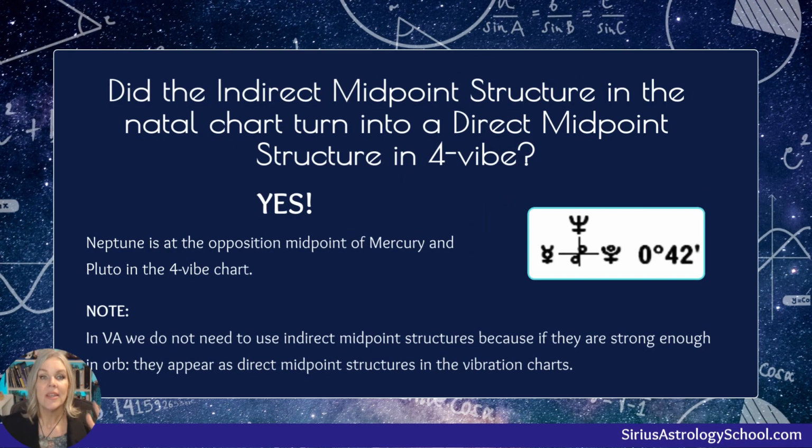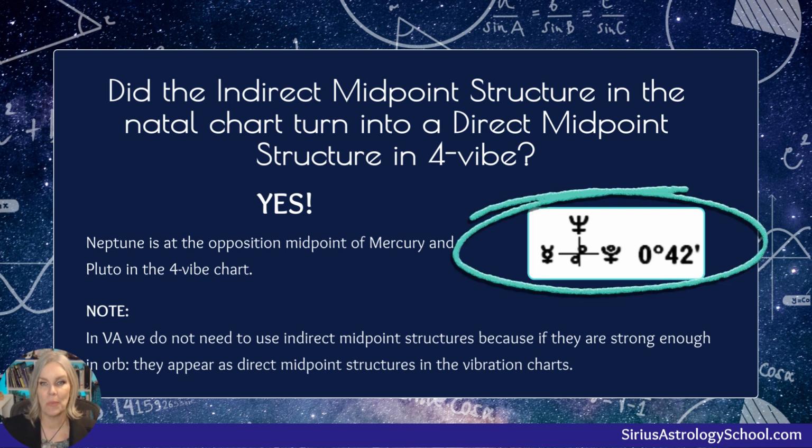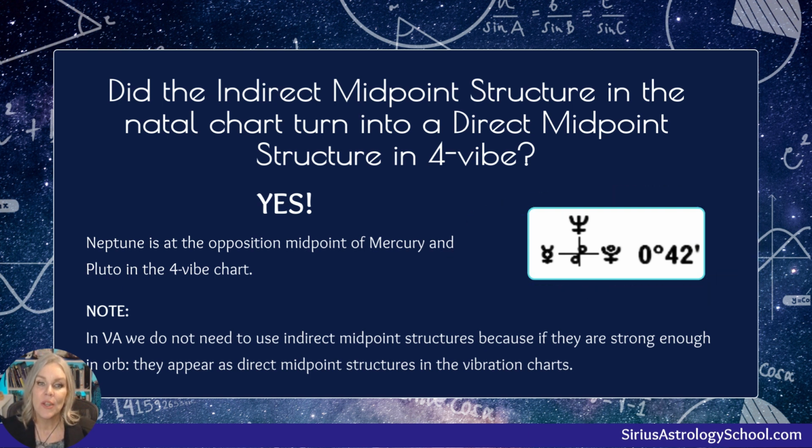So, did the indirect midpoint structure in the natal chart turn into a direct midpoint structure in the 4 vibration chart? Yes, it did. Neptune at the opposition midpoint of Mercury and Pluto in the 4 vibration chart. There it is. There's the picture of it. So as you see, we do not need to use indirect midpoint structures in the natal chart because if they are strong enough in orb, then they appear as direct midpoint structures in vibration charts.